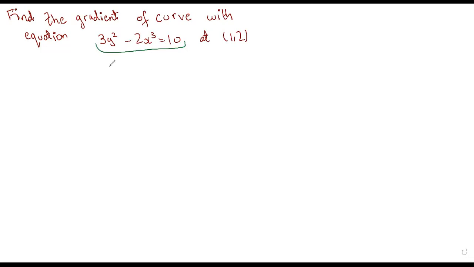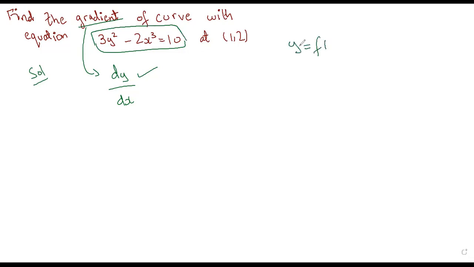Now, whenever we have gradient, we know we need to find dy by dx. This is what we know. And our equation is not of the form y equals f of x. Y is not the subject of this equation.